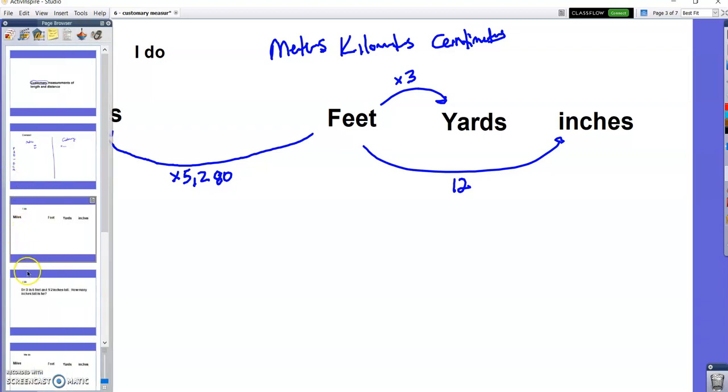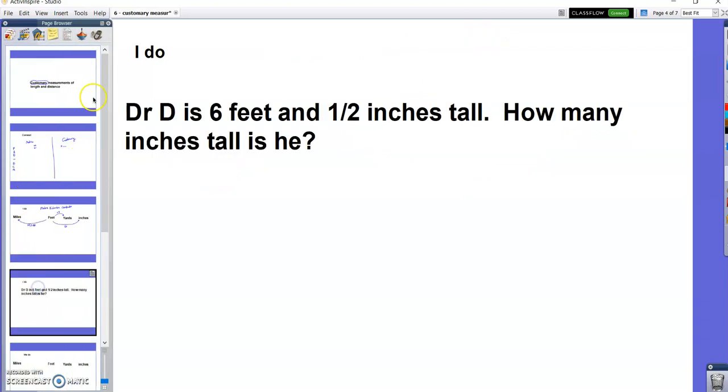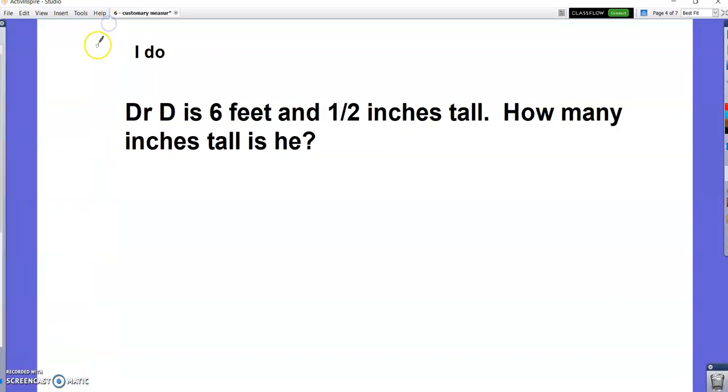You have to have some familiarity here. So this is me. I am 6 feet and 1/2 of an inch tall. What if I wanted to know just how many inches tall I am? When I do a conversion problem like this, in the metric system we lined up the measurements from biggest to smallest.